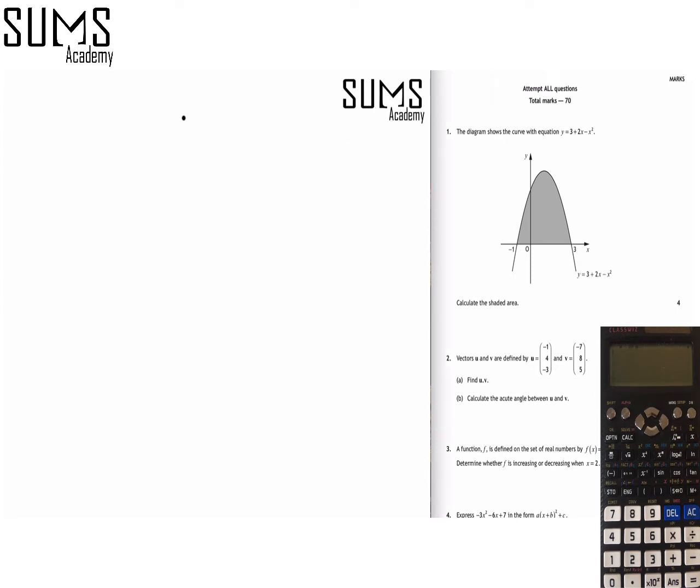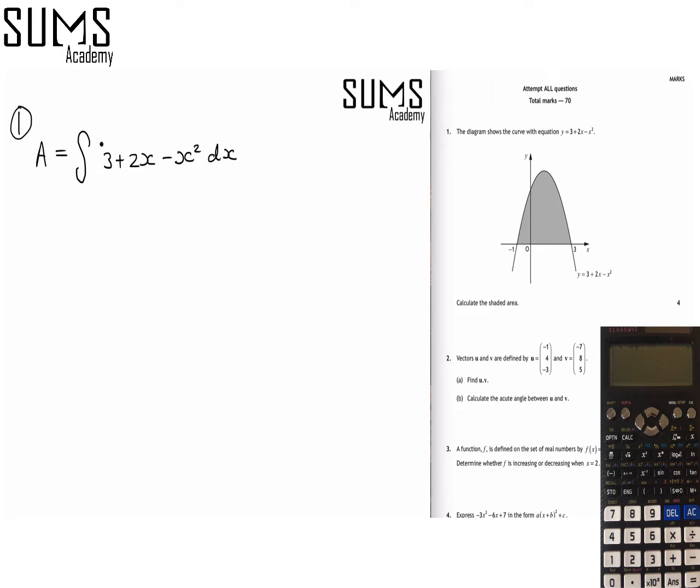So our area is going to be equal to the integral of this equation, which equals 3 plus 2x minus x squared dx.